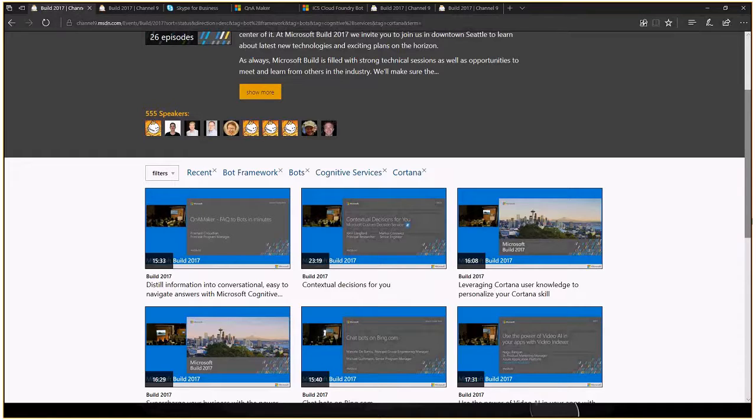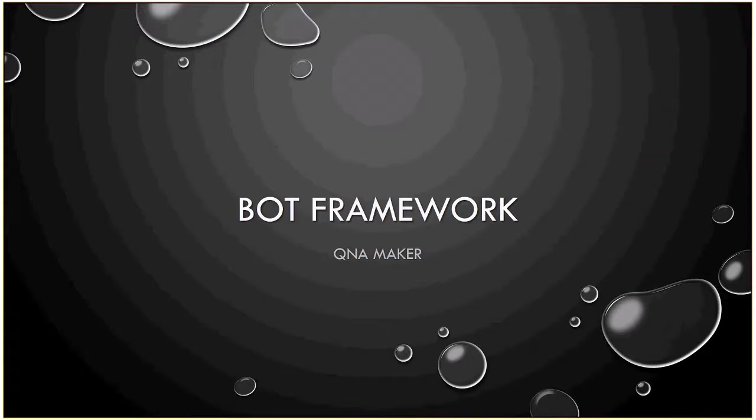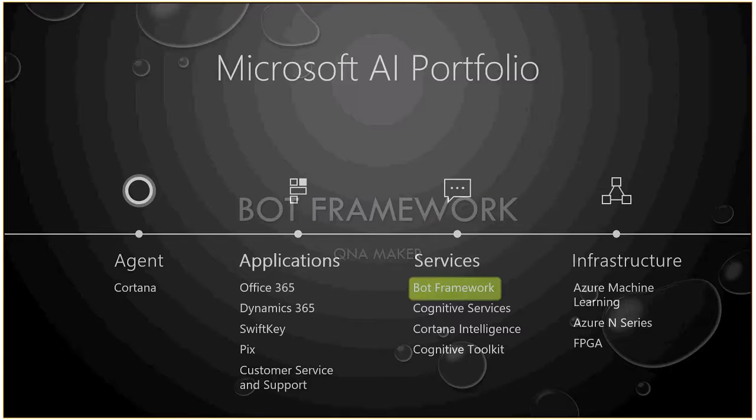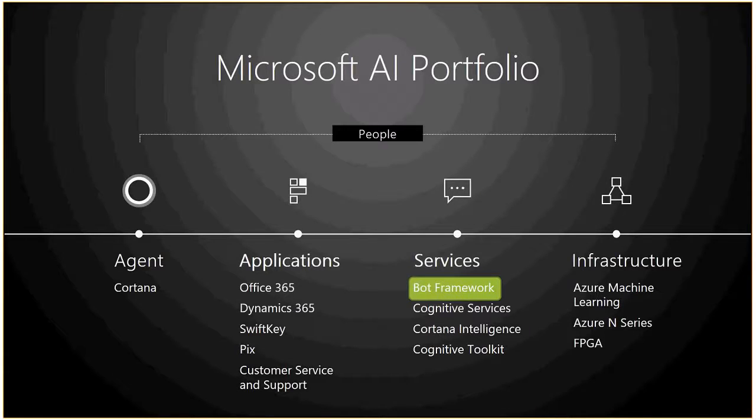I'll show you a few slides, and then hopefully I'll get some demos in. They're pretty high level, but they should give you an appetite for what you can do with bots. All right. So, like I said, this space, they call it the Microsoft AI portfolio. It's pretty big and it's growing. They've divided it up like we see on this slide.